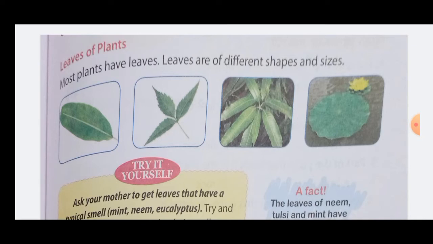In this process, the leaves use carbon dioxide and water to prepare food in the form of starch. Oxygen is released in this process. As the green leaves prepare food for the plants, they are called the kitchen of the plant and the food factory of the plants.